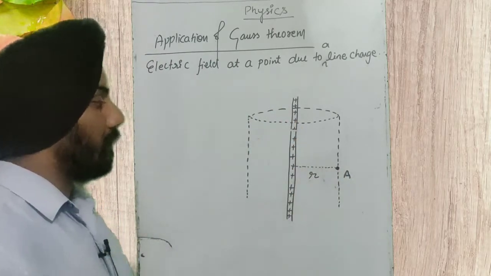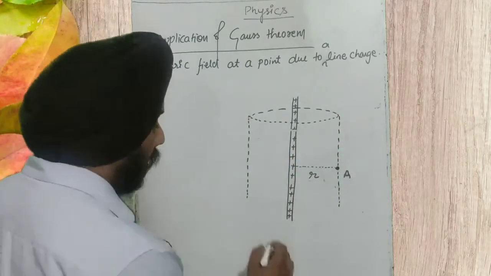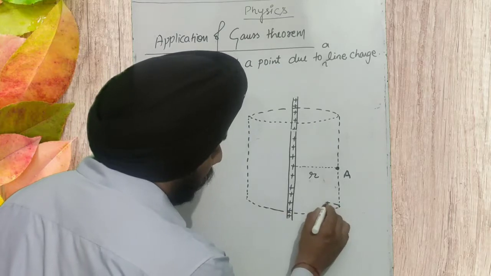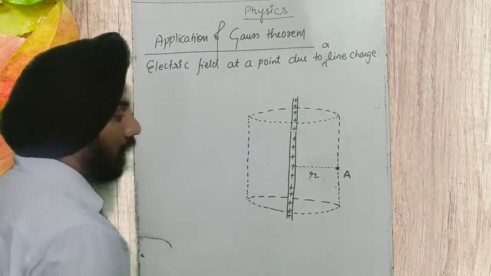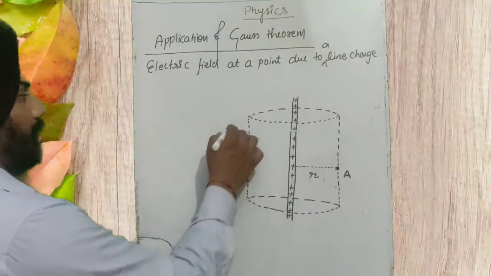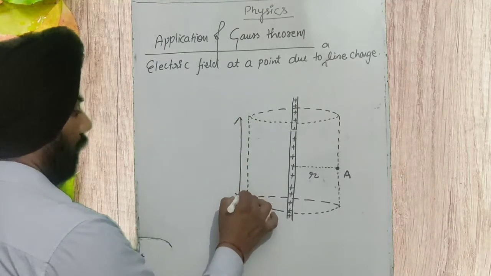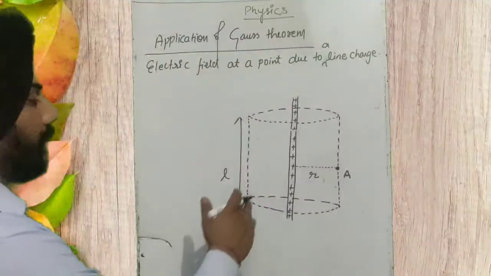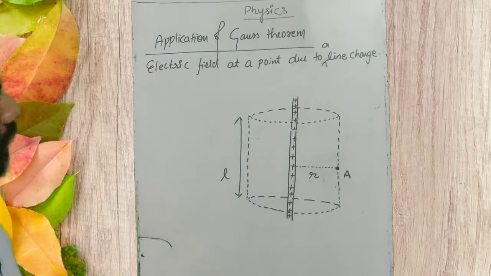The same radius of cylinder we are going to draw here, and it is a Gaussian surface. It doesn't have any physical significance. Let's take its length as L, its radius is r.